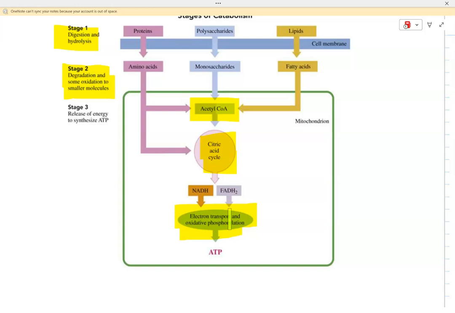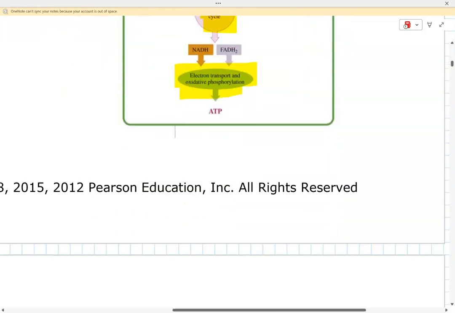Your cells basically burn large molecules, proteins, carbohydrates, fats. But your cells can't burn them at 1,000 degrees Celsius, right? They will burn them through many steps, arriving at the same products, carbon dioxide and water, it just takes longer. But it can be done at body temperature. Sounds good? Okay, let's move on.